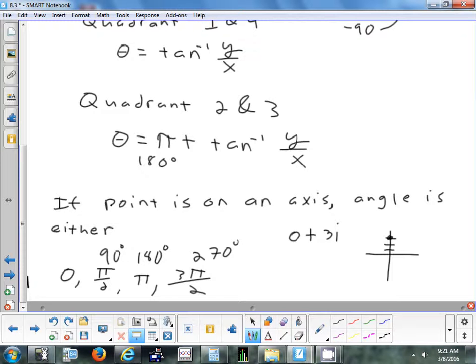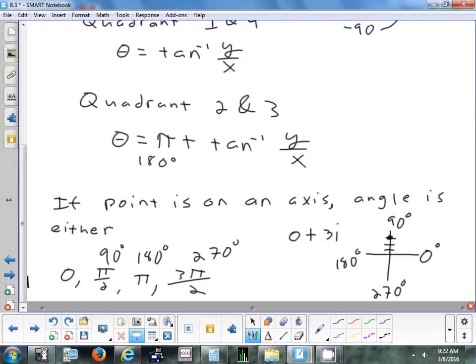When you're not on an axis, then it's like you're finding the hypotenuse of a triangle. And what would be the angle for 3i? It's 90 degrees. It's at the top. So you just have to memorize the top is 90. So this would be a very easy point to change to trig form.